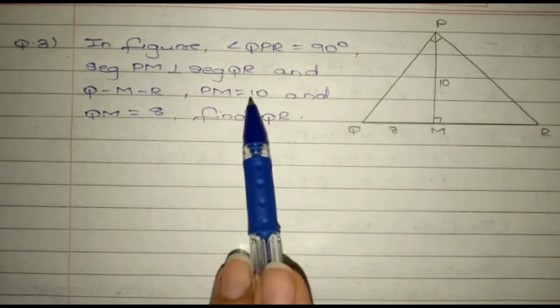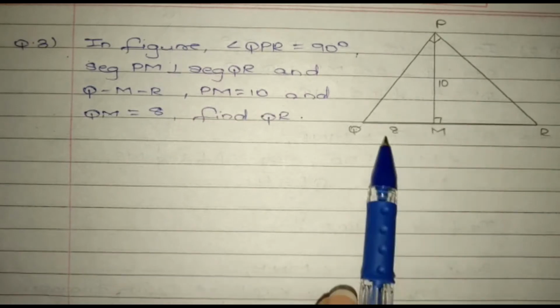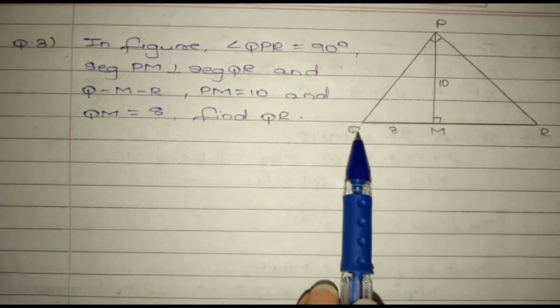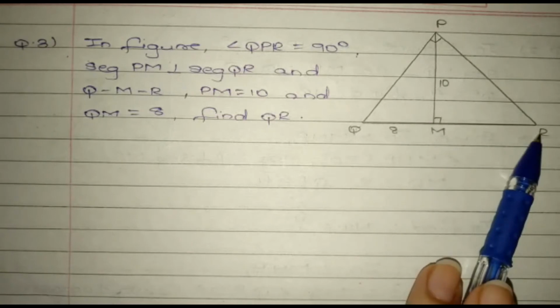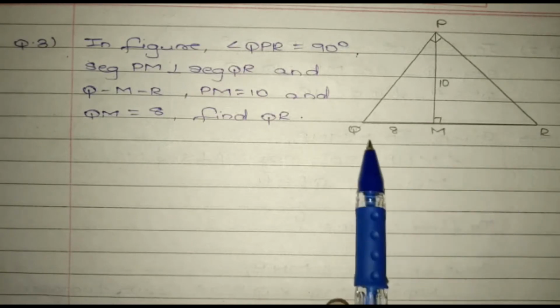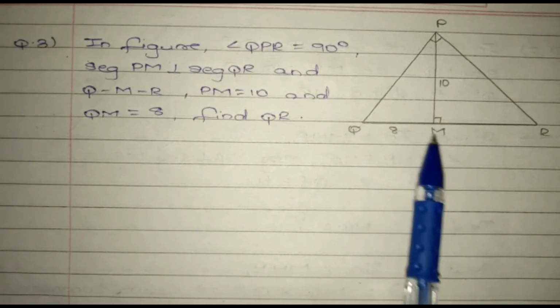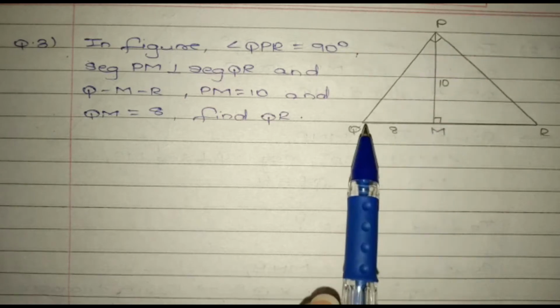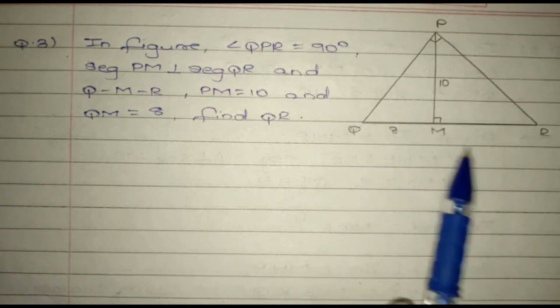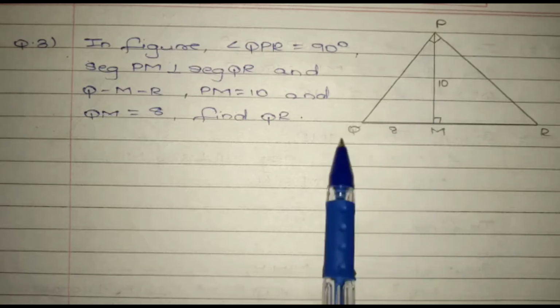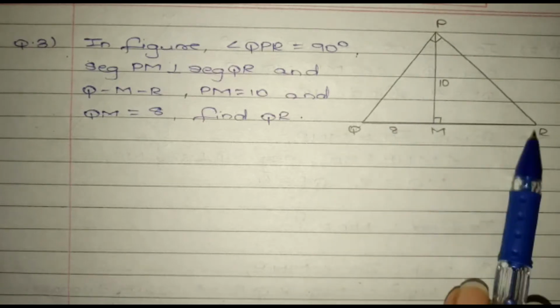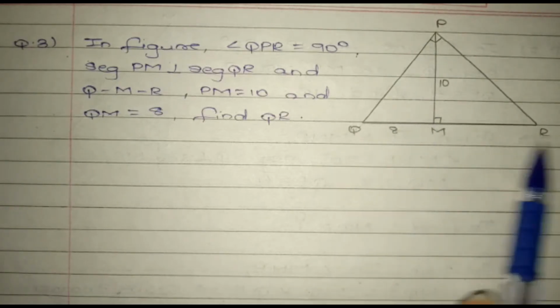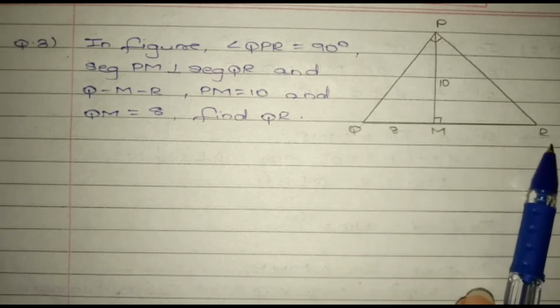PM is 10 and QM is 8. Find QR. We have to find the entire distance QR. Here also we can use the theorem of geometric mean, which will give PM square is equal to QM into MR. Then we have PM and QM given, so we can find out MR, and then we can add the distance QM and MR to find out QR.